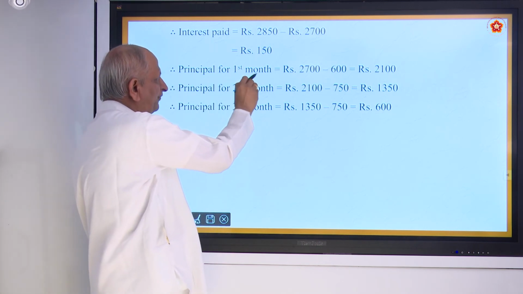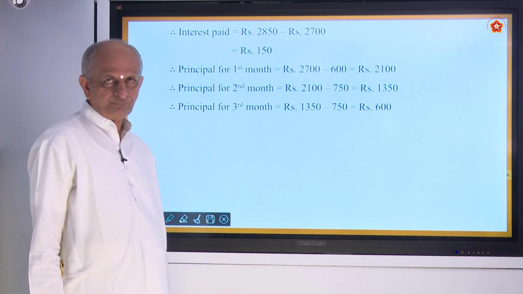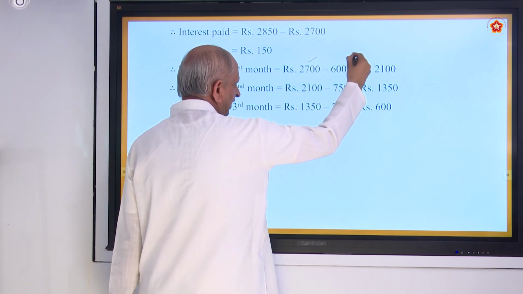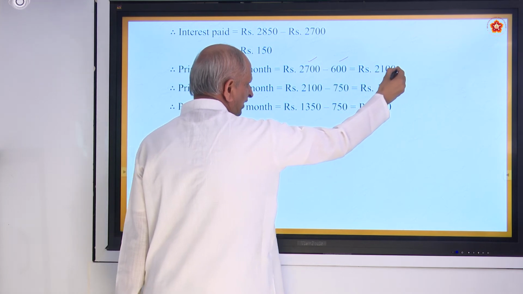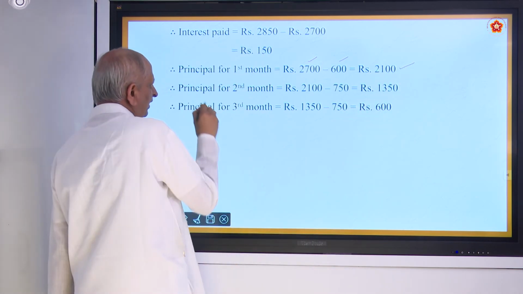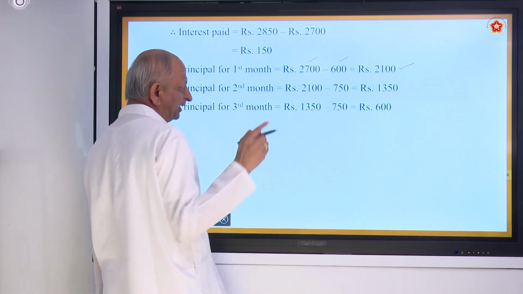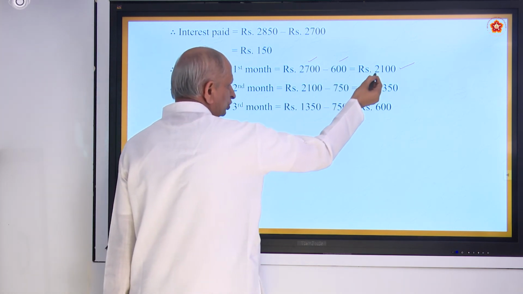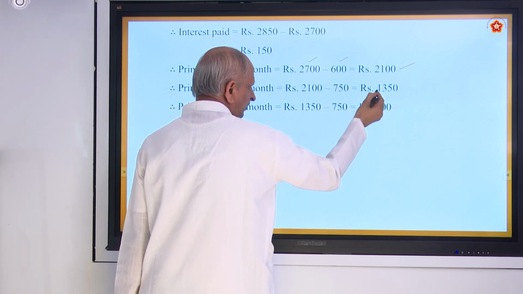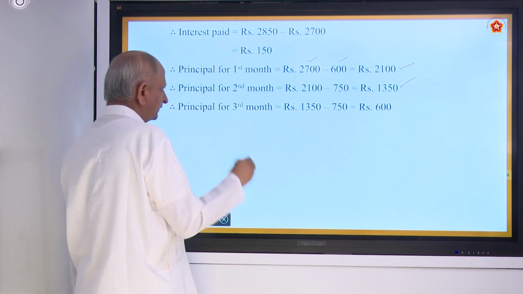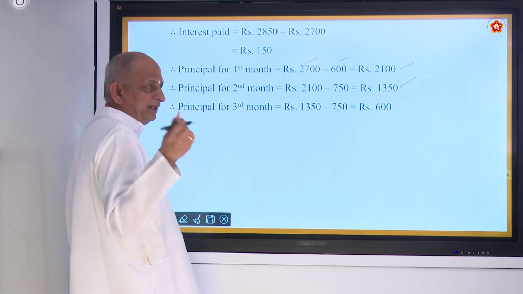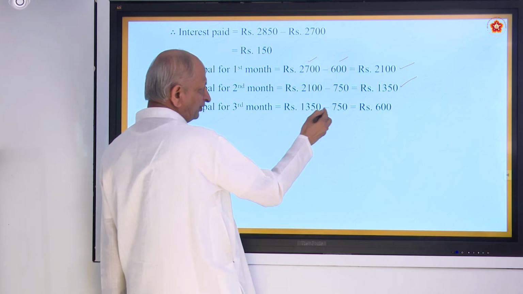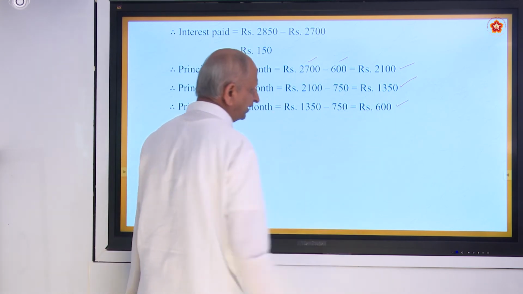So, principal for the first month: 2,700, then subtract this cash down, you get 2,100. Then principal for the second month. The agreement was 750 rupees per month, so as per agreement, 2,100 minus 750 will be 1,350. And for the third month, because it was given in 3 installments, this is the first installment, second installment, third installment, 1,350 minus 750, it is 600.